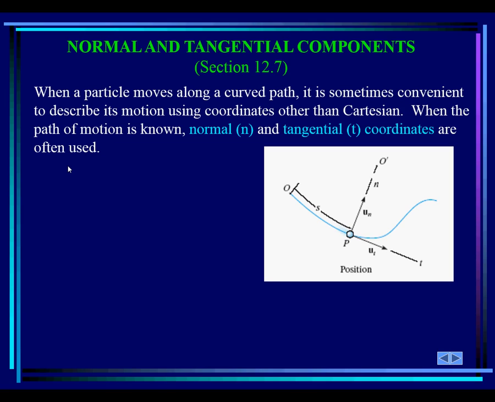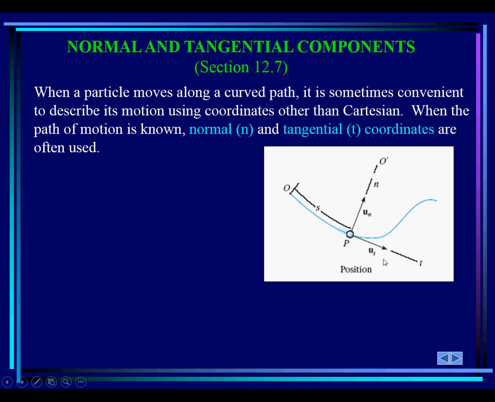You could use polar coordinates, but in here, if we have the particle traveling around this curved path, you're going to have a component of the acceleration in the direction of travel plus a normal component.